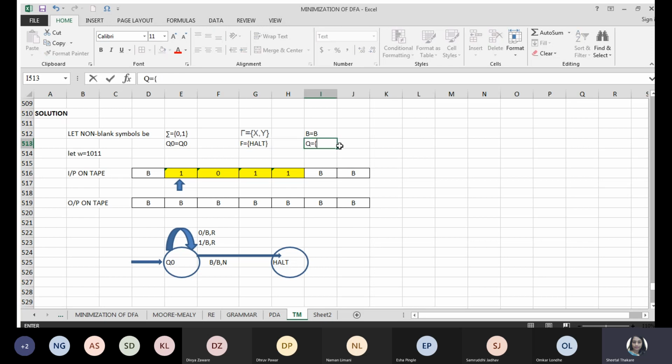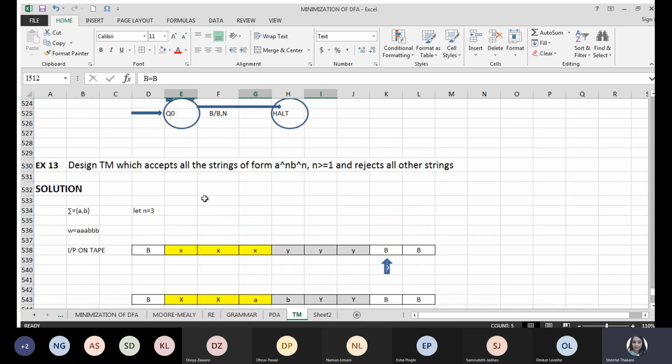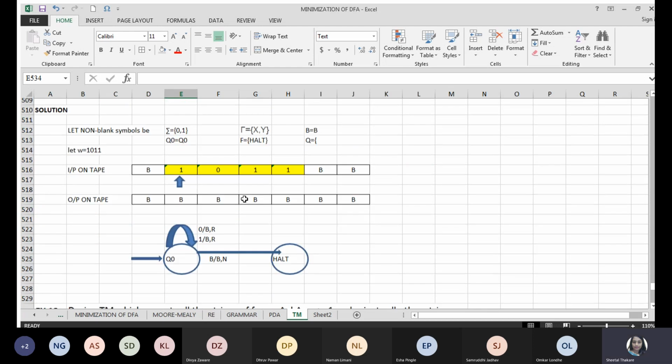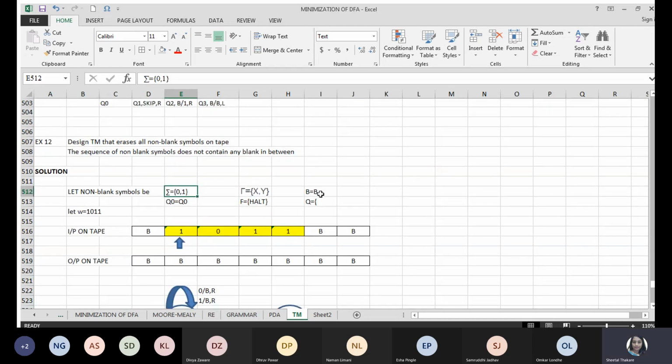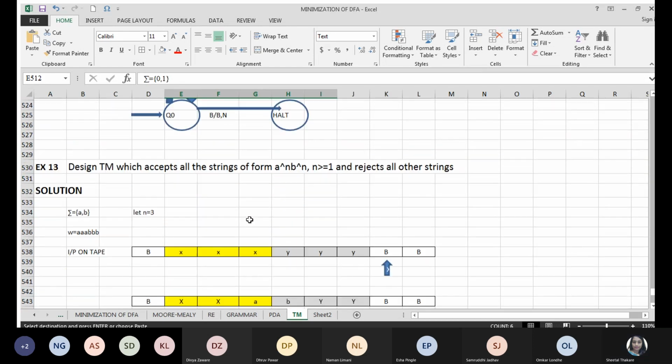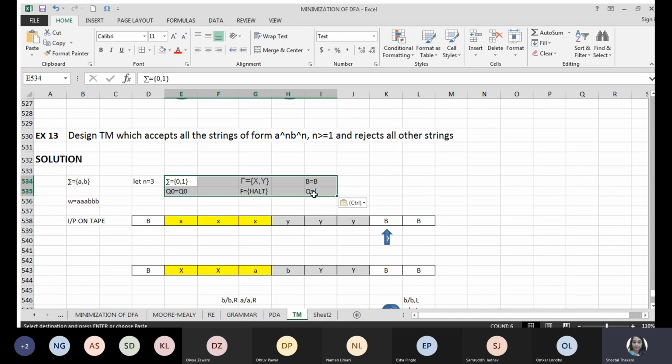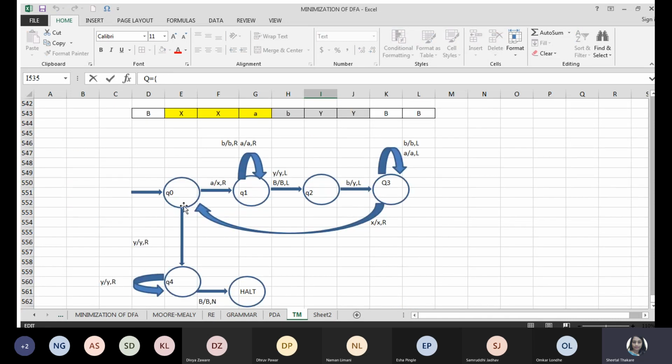How many states are there? कहाँ पे लिखना चाहिए? इधर. Capital Q is what? Q0, Q1, Q2, Q3, Q4, halt.